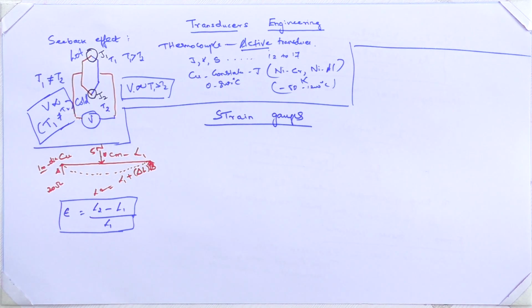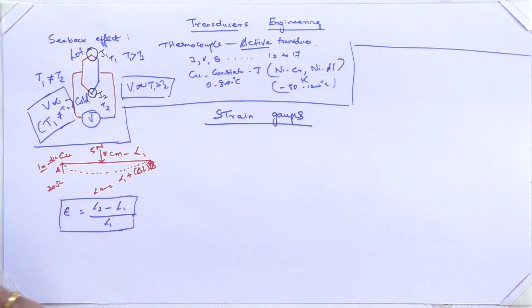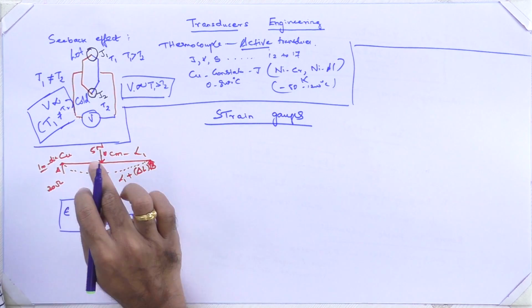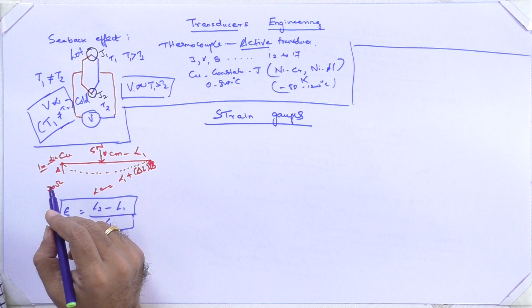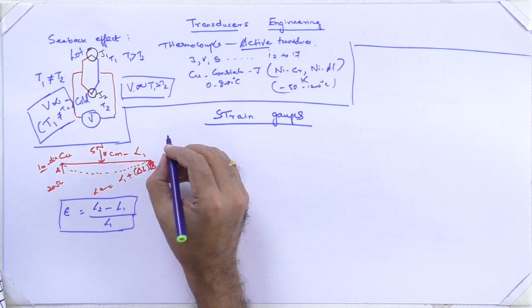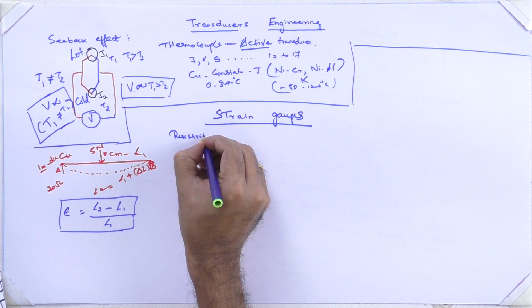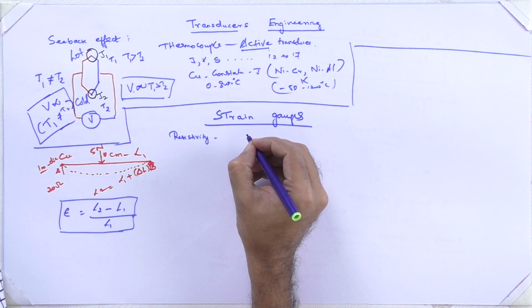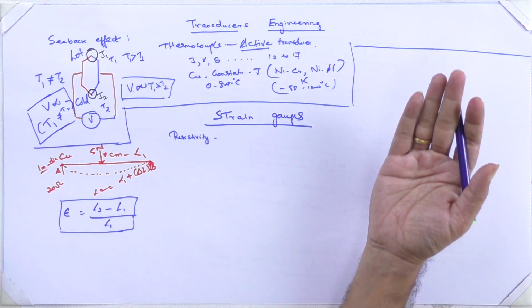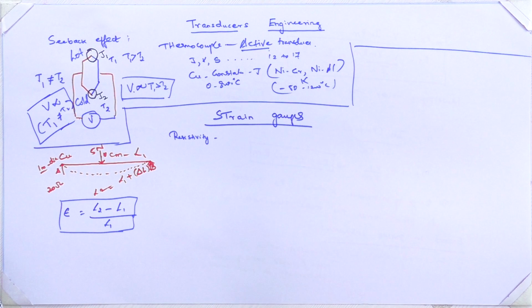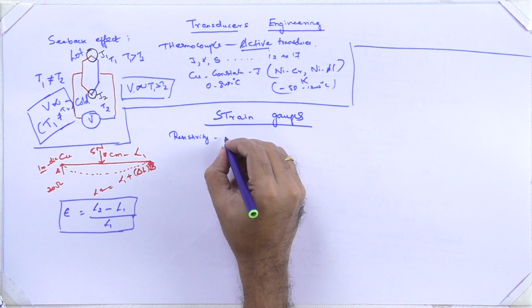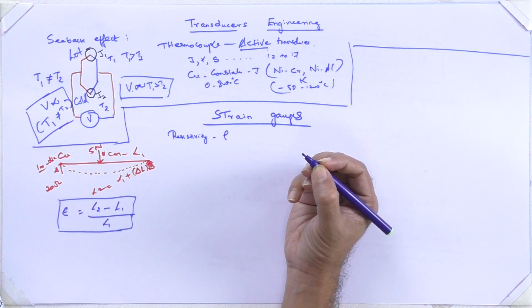Apart from this, I told you it is a copper wire. Every material has a property of resistivity. Resistivity is the property to resist the flow of electrons or current. This is given by the constant rho.